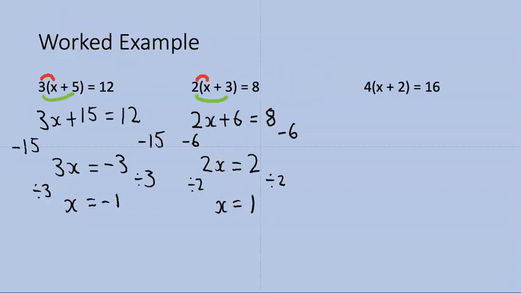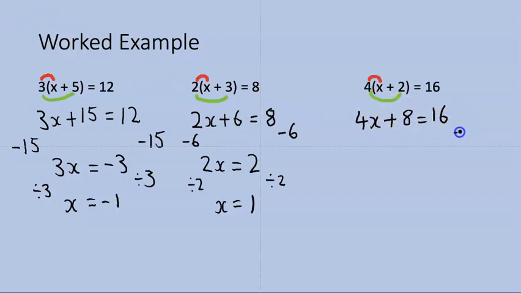And here, once again, you're going to do it exactly the same way. 4 times x is 4x. 4 times 2 is 8. That gives me 16.